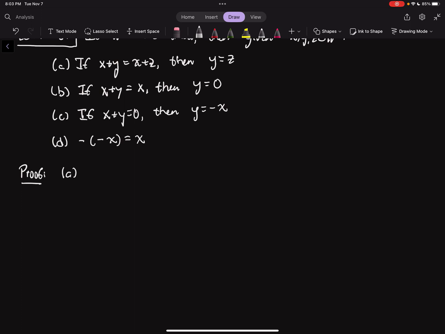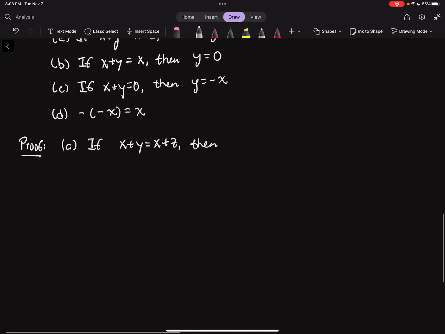So for A, if x plus y equals x plus z, then, well, what can we do? Well, we can add negative x on both sides. And we can do that by A4.